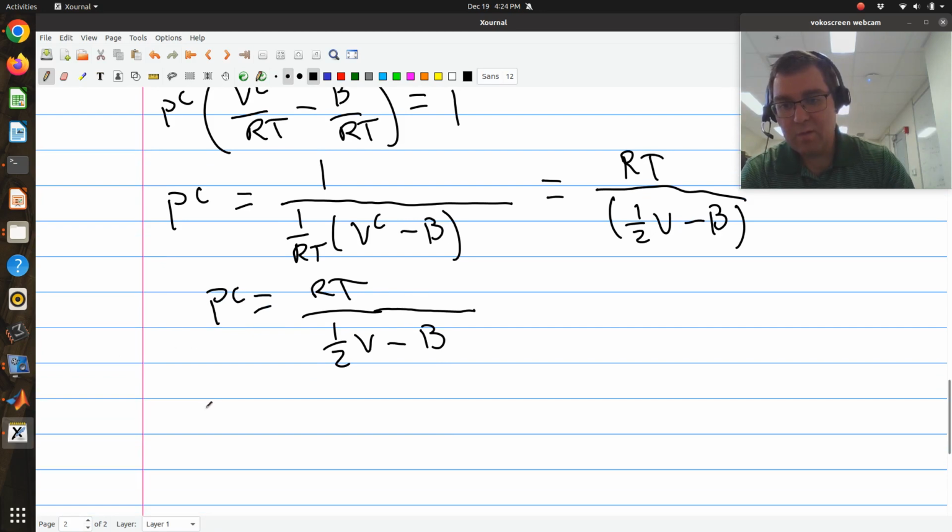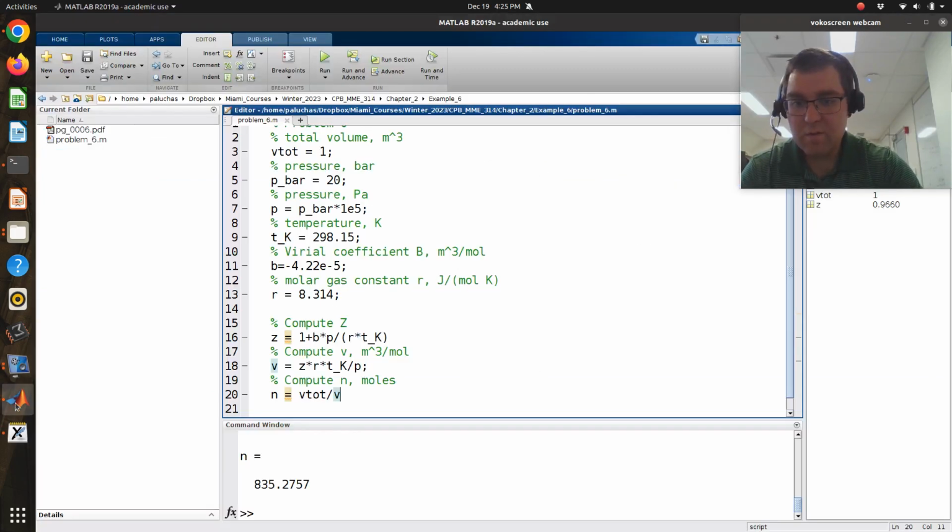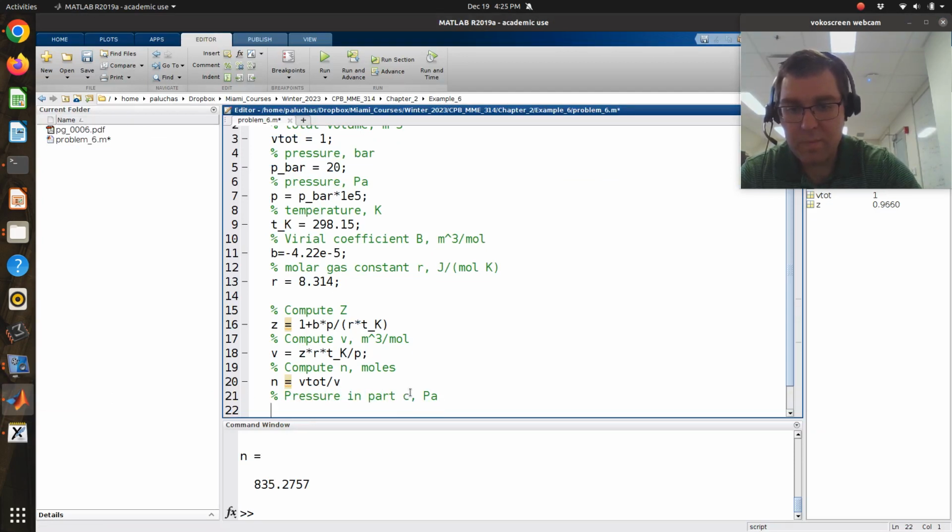Okay, so let's jump over to MATLAB. Okay, so PC in the second case. So I'll call it PC. And so it's in pascals initially.